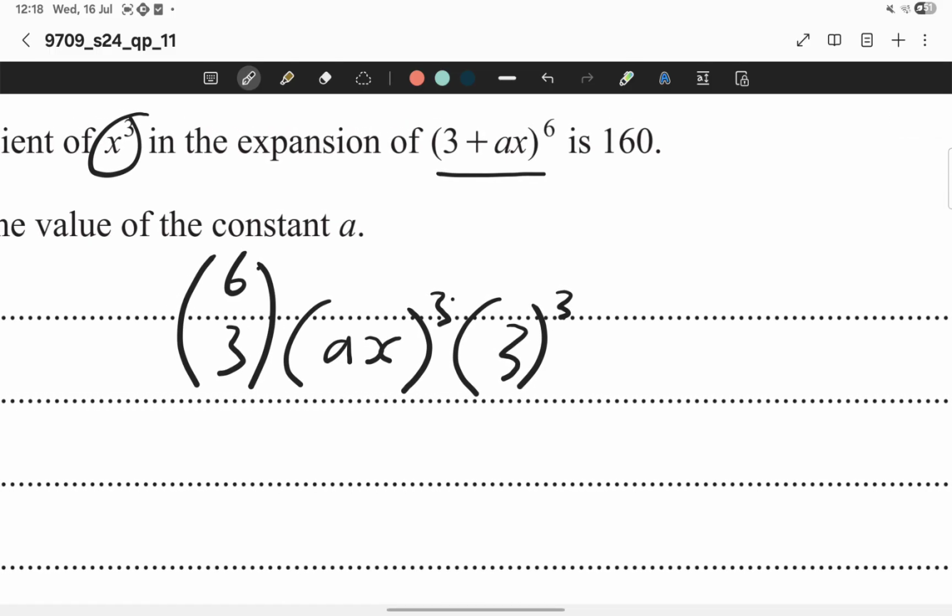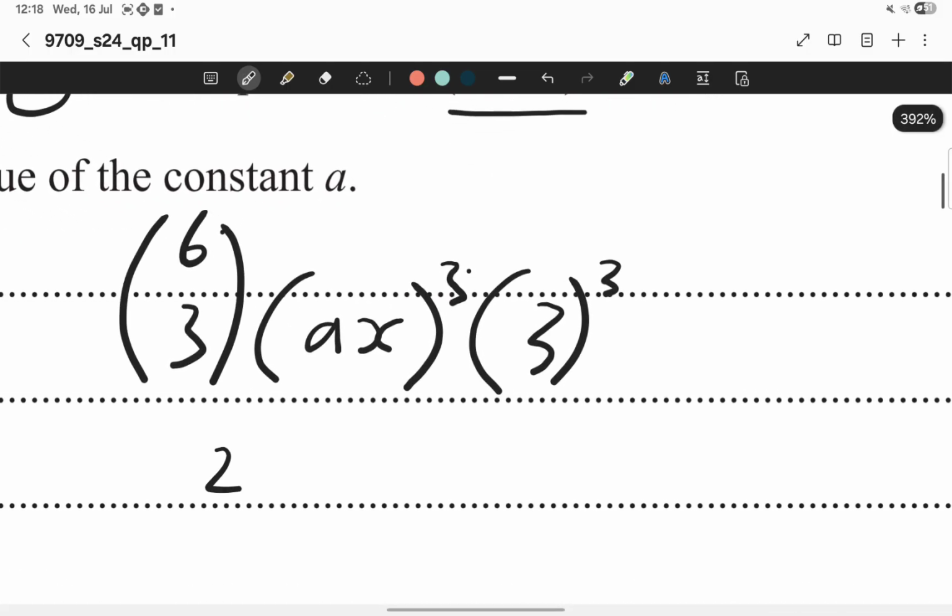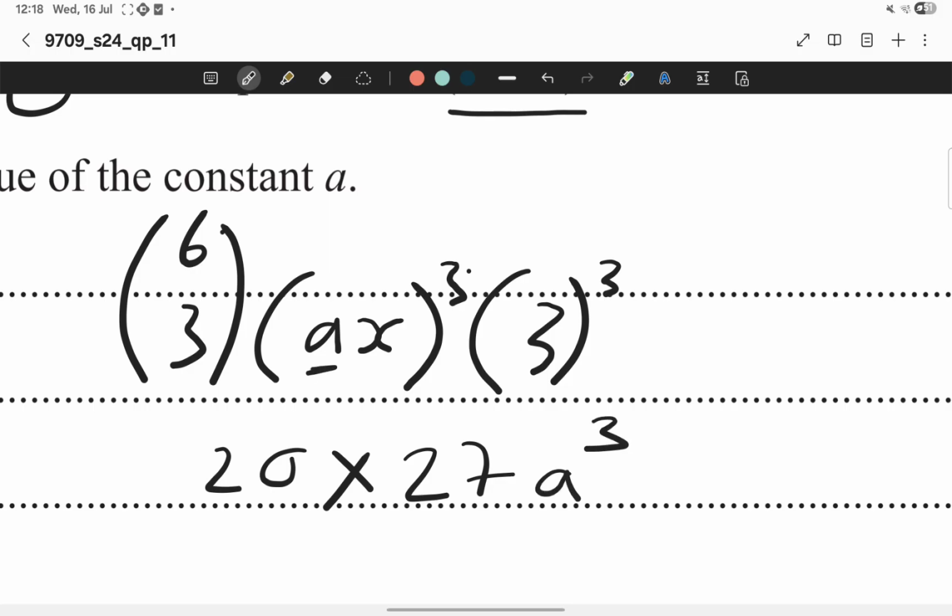This is supposed to give us a term in x to the power 3. So we get 20 multiplied by 27, then our a to the power 3. So 6 choose 3 times 3 to the power 3, that's our 27, 6 choose 3, that's our 20, then a to the power 3.